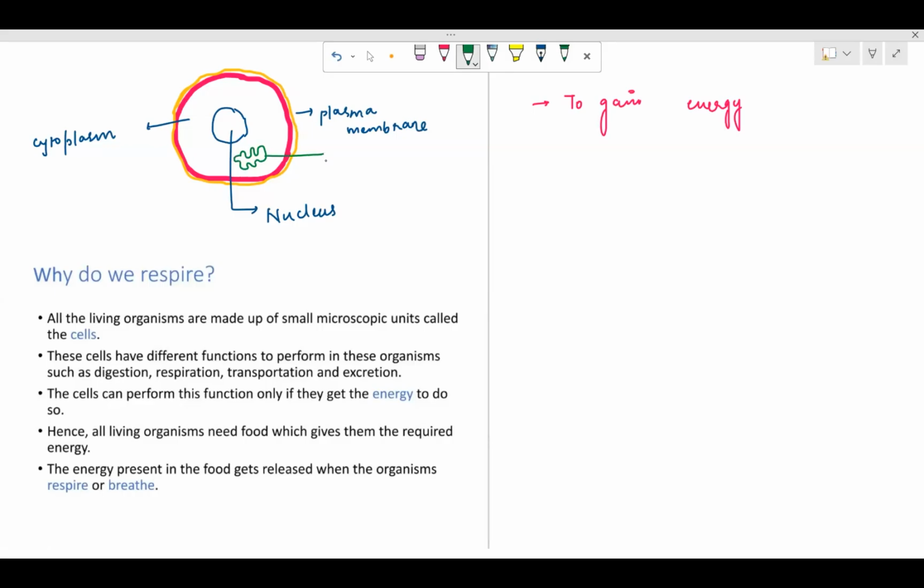Because cellular respiration is taking place within the mitochondria. Okay, this is your mitochondria, which is known as the powerhouse of the cell. Understood? Now, why are we calling it the powerhouse of the cell?